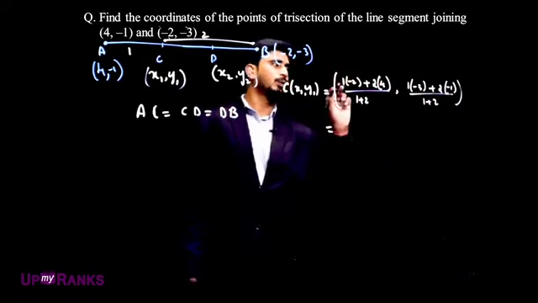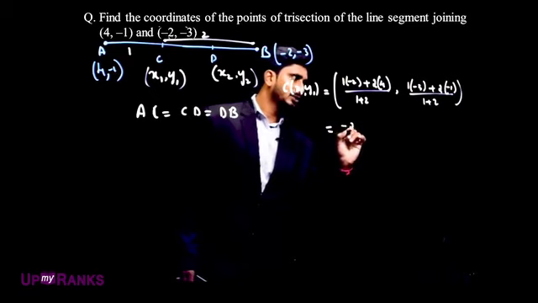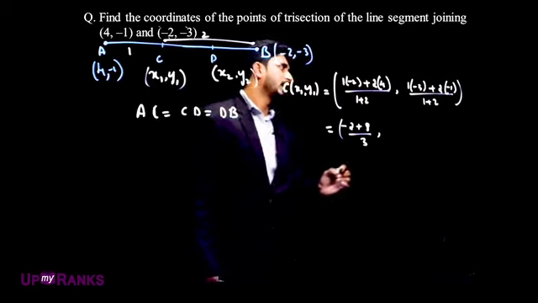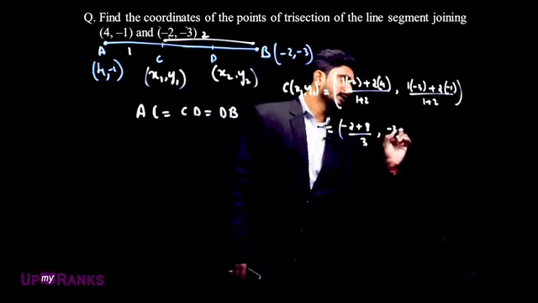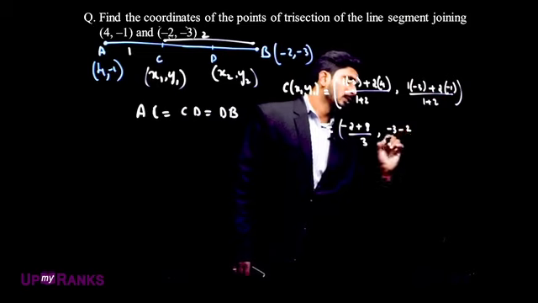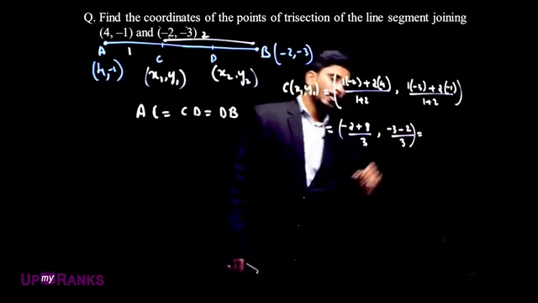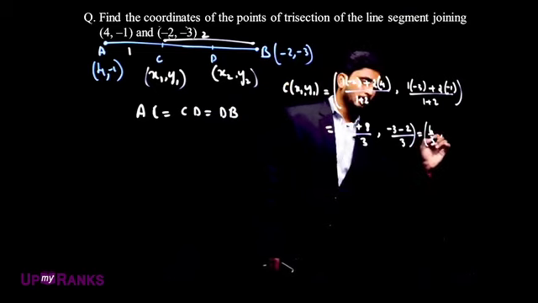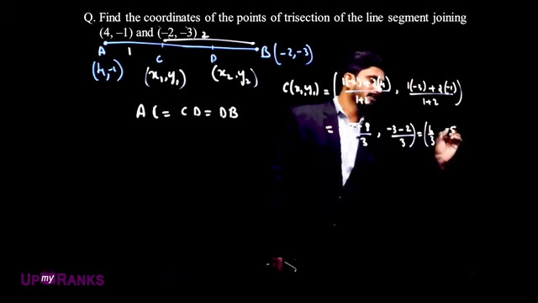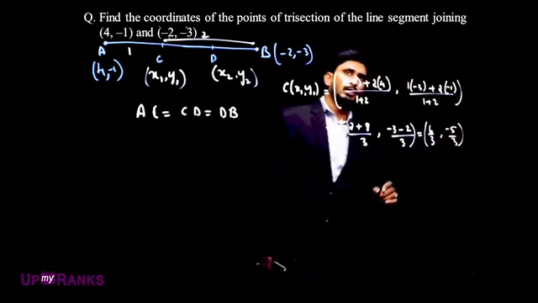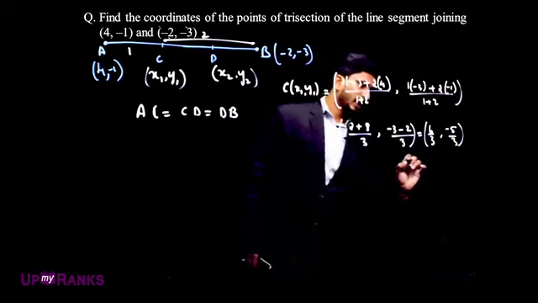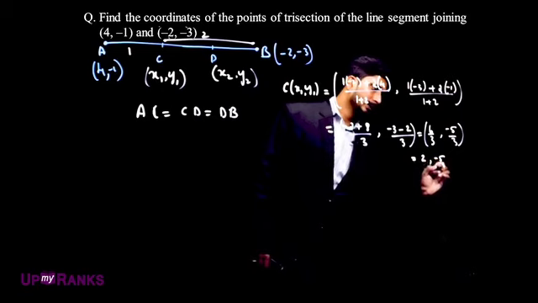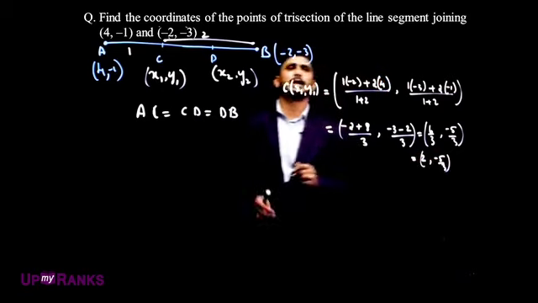So 1 into -2 is -2, 2 into 4 is 8, divided by 3. Then 1 into -3 plus 2 into -1 is -5, divided by 3. So -2 plus 8 is 6 by 3, which is 2, and -5 by 3 as itself. So this is the point C.